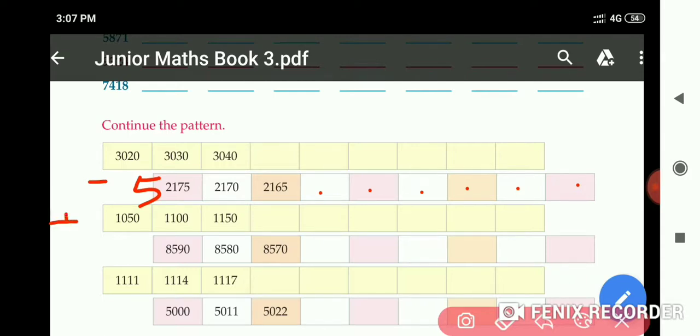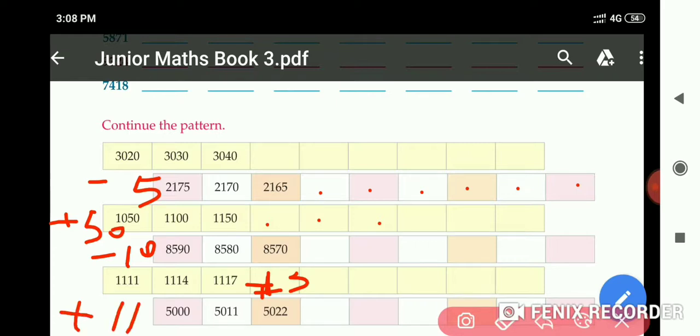In this one plus 50 is there and we will write the numbers. Here minus 10 is there at each step. In this plus 3 is there at each step. And here plus 11, then again plus 11, again plus 11. At each step plus 11 is there. Like this we will fill all the boxes.